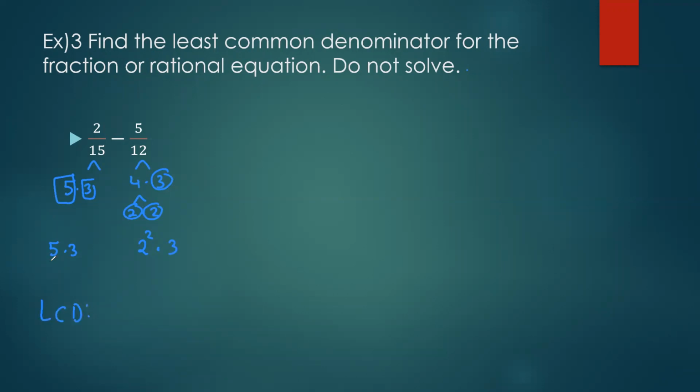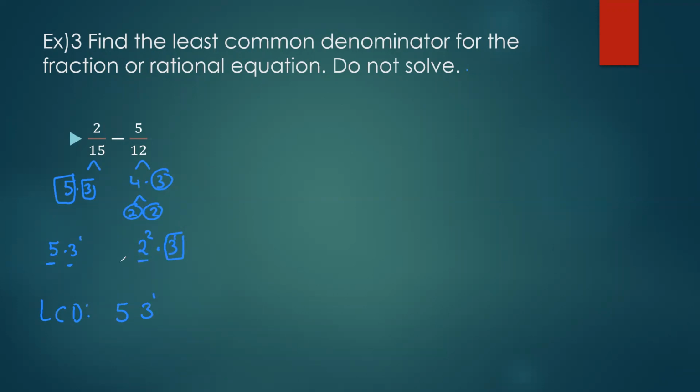So let's look at our base 5. Do you see anywhere else with the base of 5 in the bottom? I don't. So just bring it down. Let's look at the base of 3. Do you see anywhere else with the base of 3 in the bottom? I do. I see it right here. But since they're both to the power 1, you're just going to use 3 to the 1. What about the base 2?